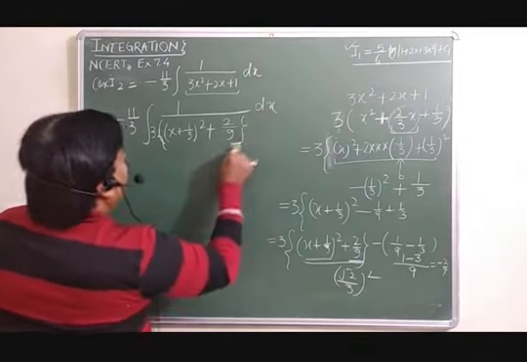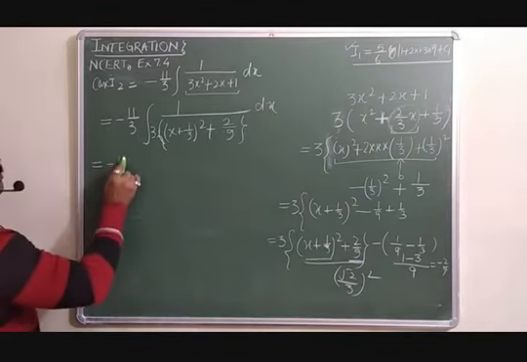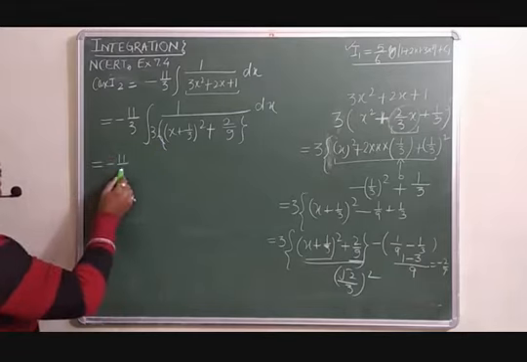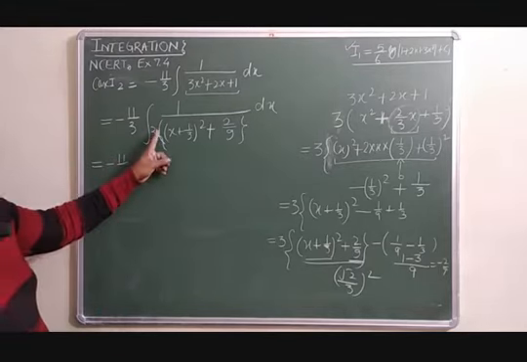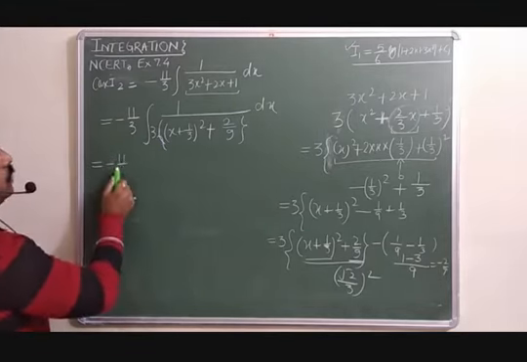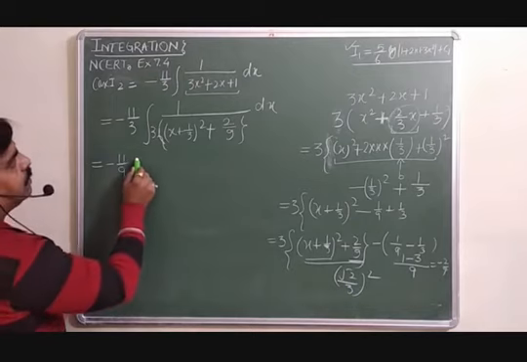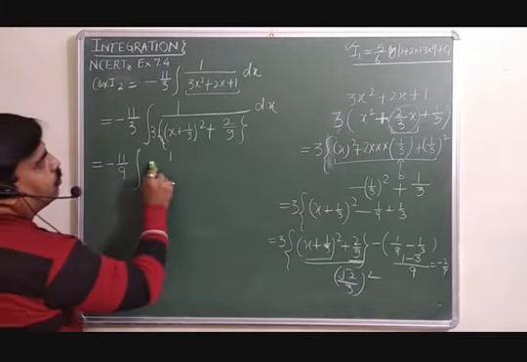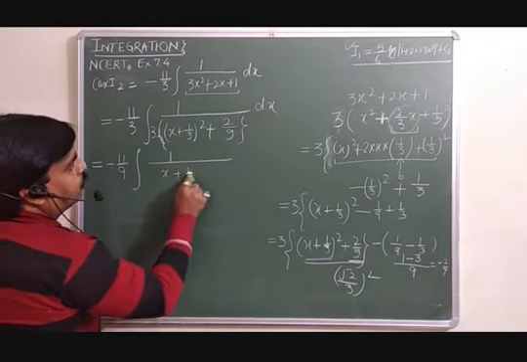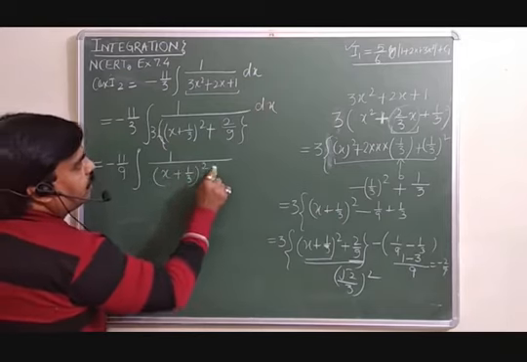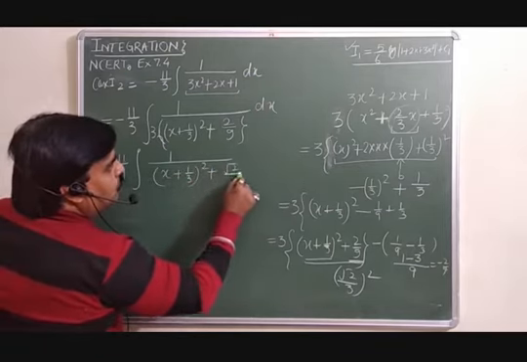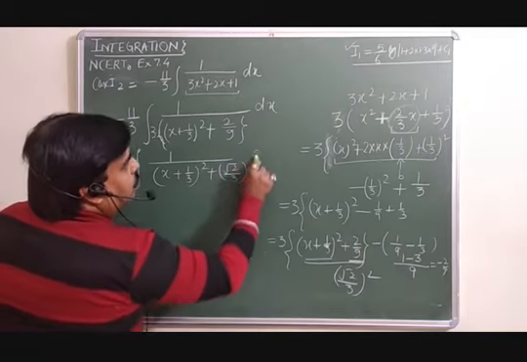So this is minus 11/3, you can take out this 3, so that is minus 11/9, and this is your 1 over (x + 1/3)² plus (√2/3)² dx.